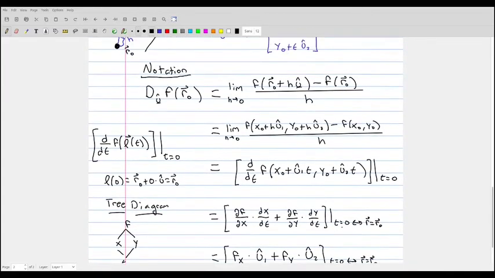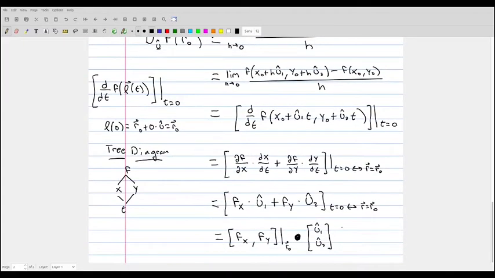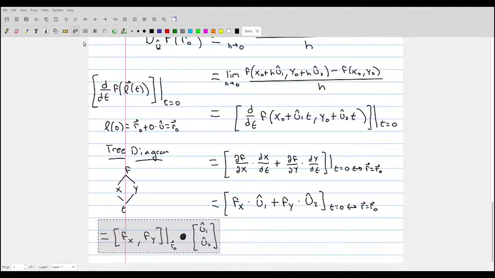Or in short, this is exactly equal to the gradient vector of the function f evaluated at the point r0, a vector dot product with the unit vector u hat.